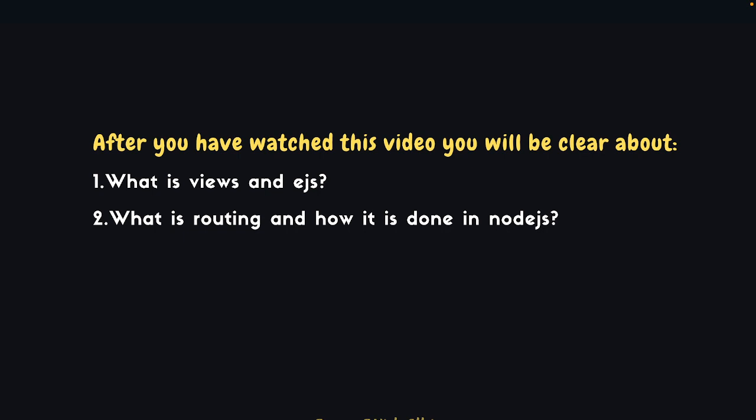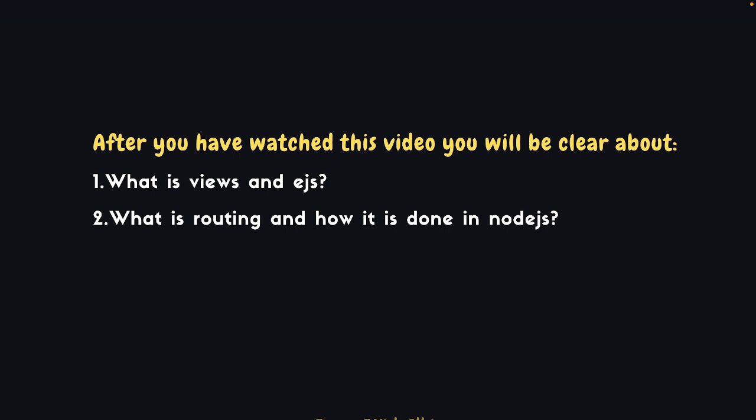In the case of your Node.js projects, or in the case of developing web applications like this, views means user interface. Okay, nothing but user interface. In this Node.js project itself, views means user interface. That's it. Whatever things you would like to show to your users will come under views. So views means nothing but user interface.